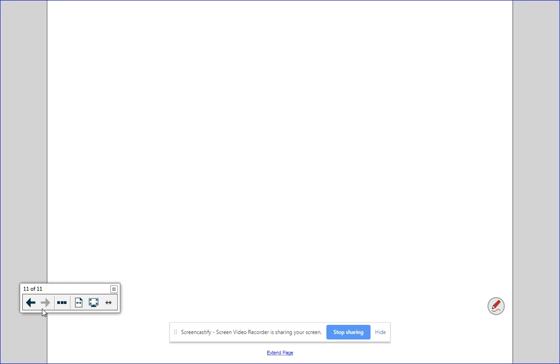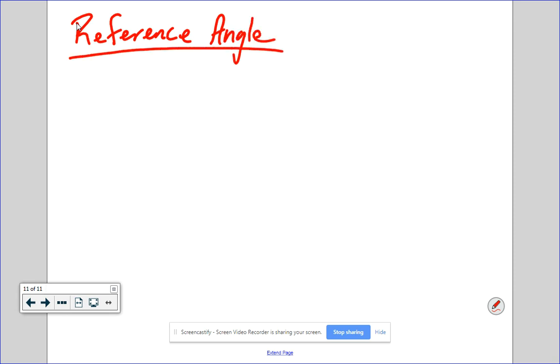So the last concept we need to talk about is what's called a reference angle. Okay? Reference angle. A reference angle is the acute angle formed by the terminal side.